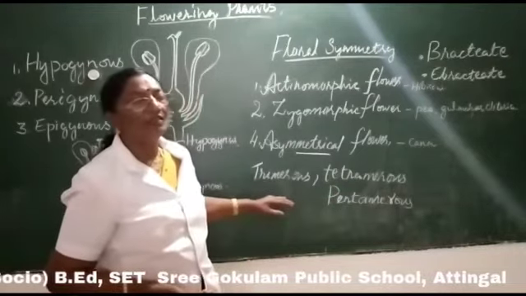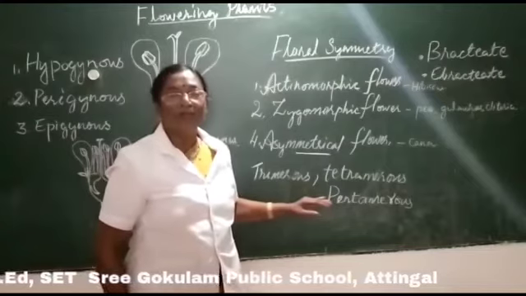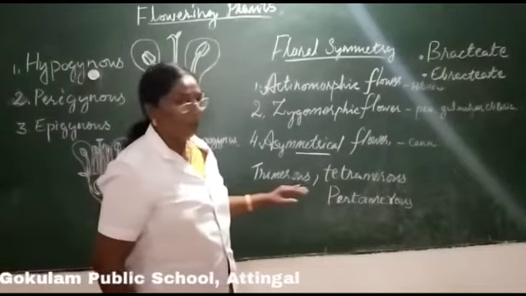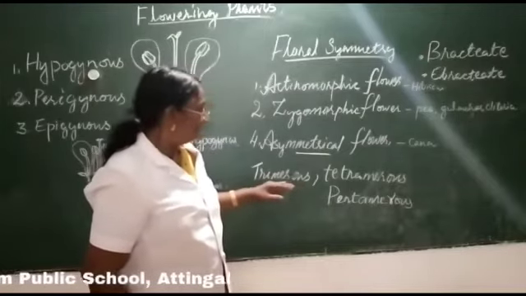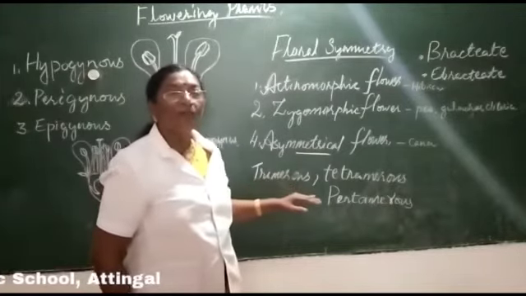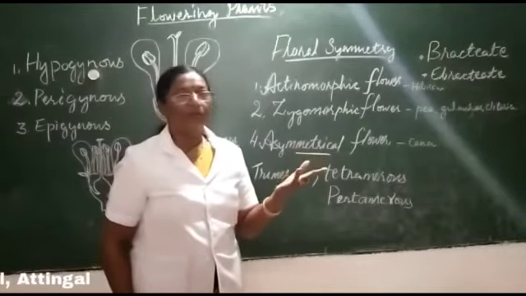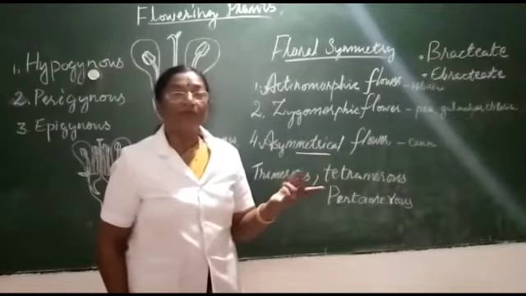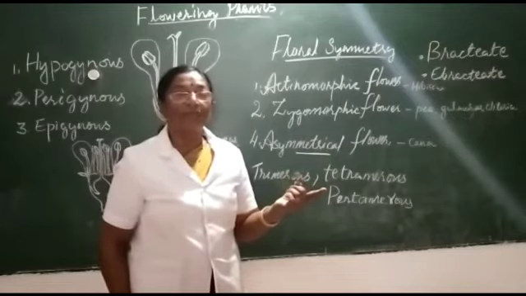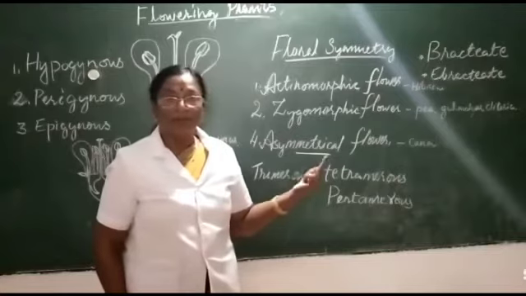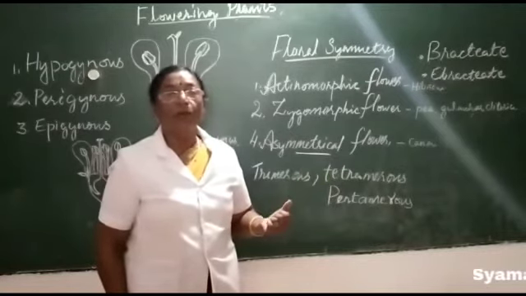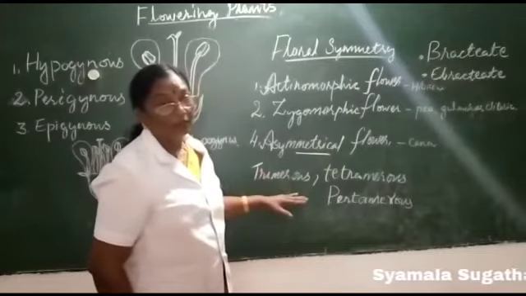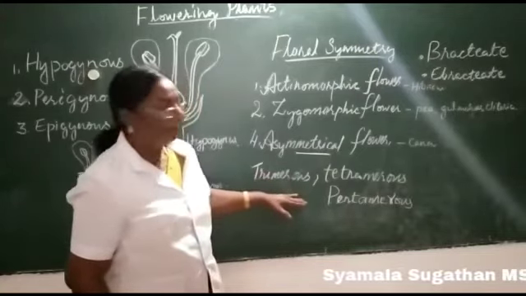And these trimerous flowers are seen only in monocot plants like lily, palm, that is coconut, etc. And here the whorls are arranged in members of 3, that is calyx formed of 3 sepals, corolla formed of 3 petals, androecium formed of 3 or multiples of 3 stamens, and gynoecium formed of 3 or multiples of 3. And this type of arrangement is called trimerous condition, that is whorls of 3.